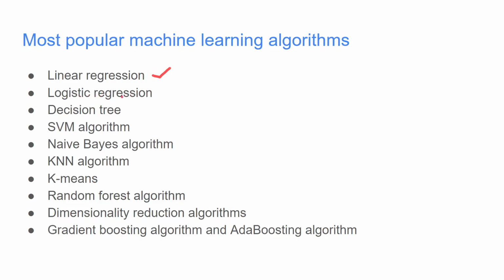Then there are logistic regression, decision trees, SVM algorithm, Naive Bayes algorithm, KNN algorithm, K-means, random forest algorithm, dimensionality reduction algorithms, then gradient boosting algorithms and AdaBoost algorithms. So these are the most popular machine learning algorithms.